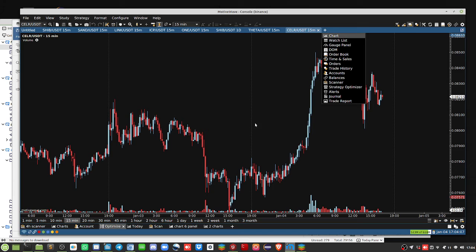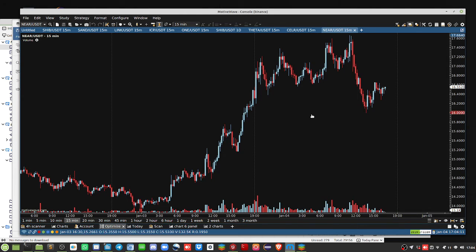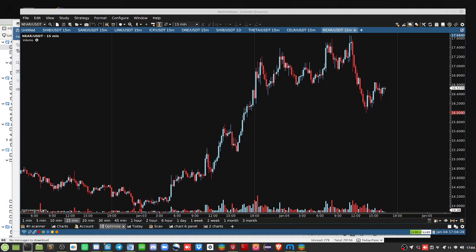So Near, okay, with Near you can see this nice big breakout here. That's pretty good, $14 to $17, and now it's dropped back and it's kind of sitting there. But when I see these sort of things, I would say it's probably a high risk move at this point to want to trade that.